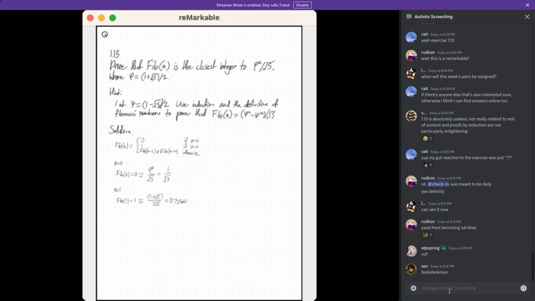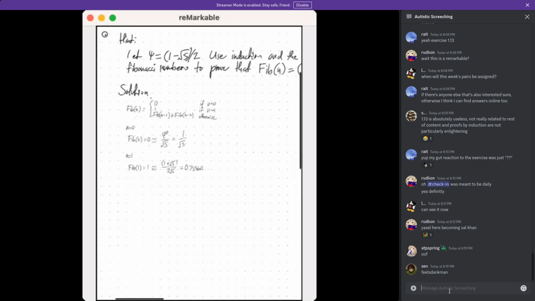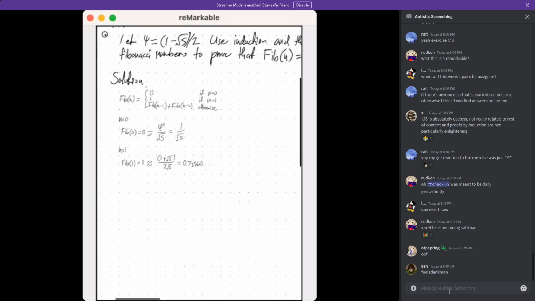Oh, nice, I can. Okay. So I'm gonna make this tiny, and I'm gonna zoom in because I want more room here.